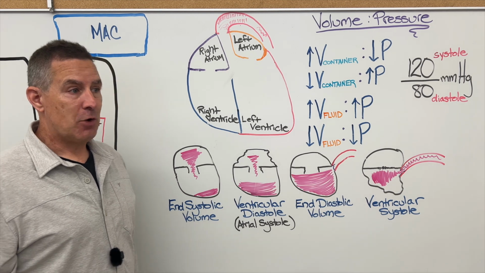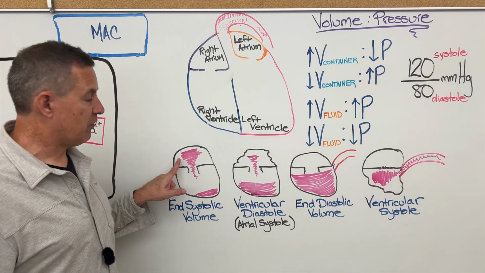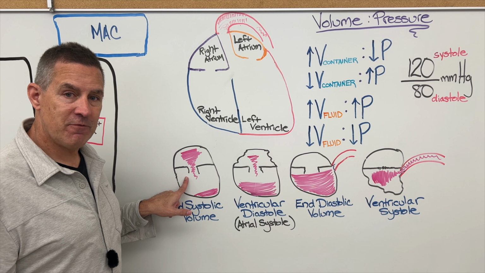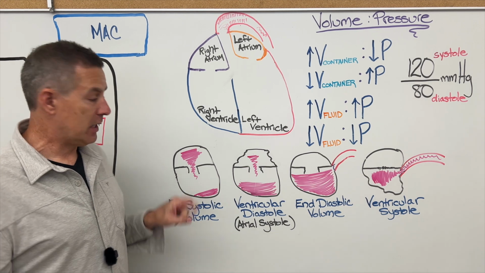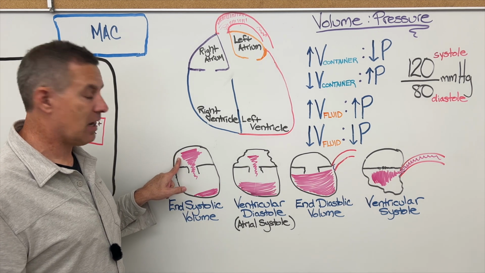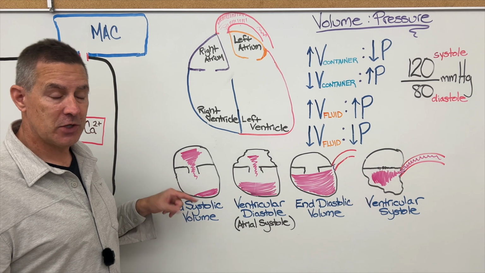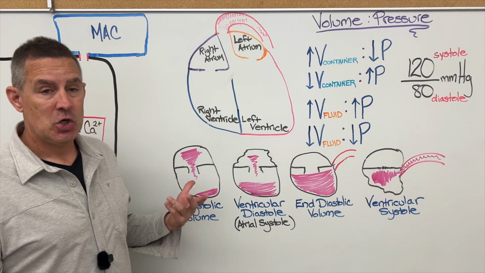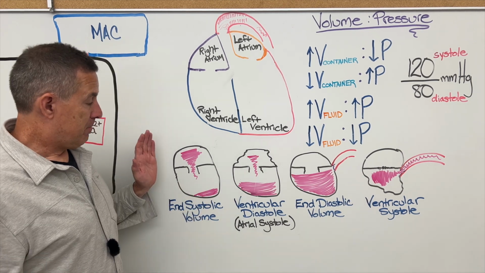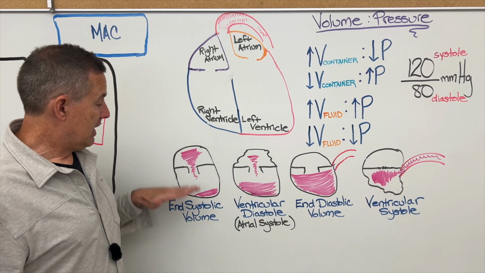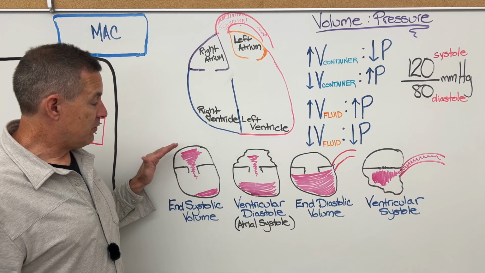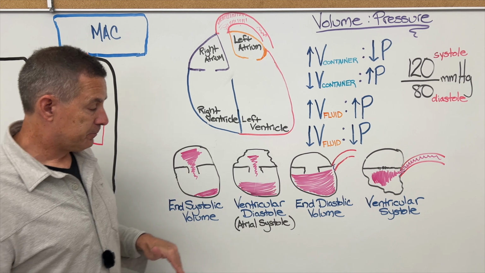contraction. Now, during this time, blood is flowing from the left atrium into the left ventricle down a pressure gradient, from an area of higher pressure to an area of lower pressure. Certainly, most of this is happening due to gravity, but blood in this situation is flowing from the left atrium into the left ventricle.